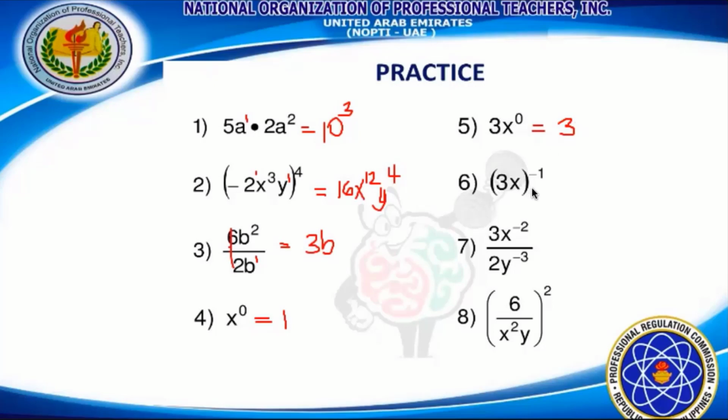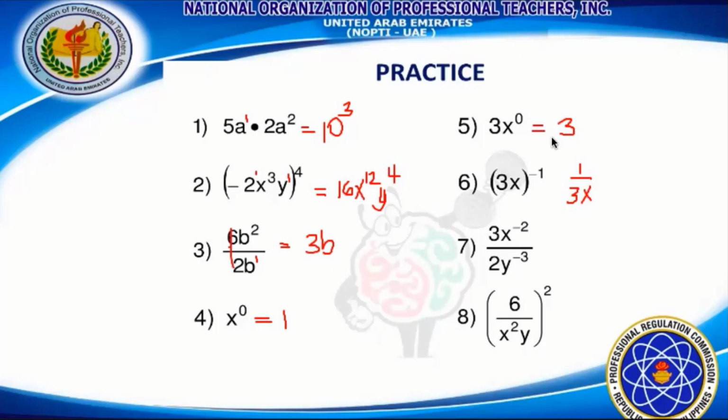Ito, negative 3x, so, ibababa mo na lang siya para walang negative. By means of putting 1. 1 over 3x. Here. Oh, parehong negative. So, pagbalik ta rin.